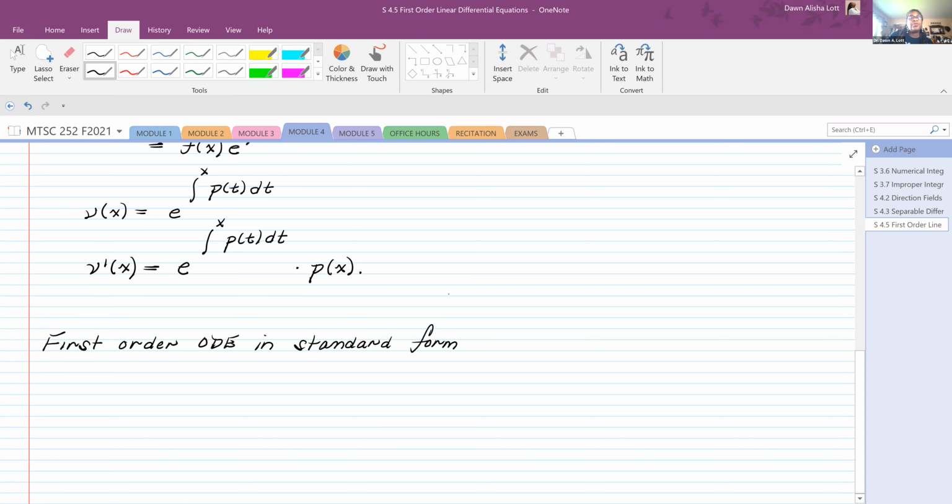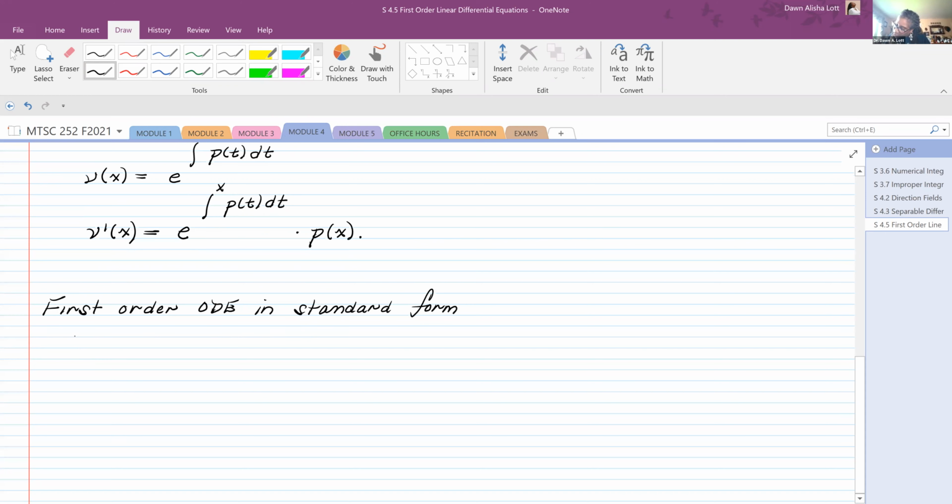Okay, so standard form is dy/dx plus p of x times y of x is equal to q of x. So that is a differential equation in standard form.